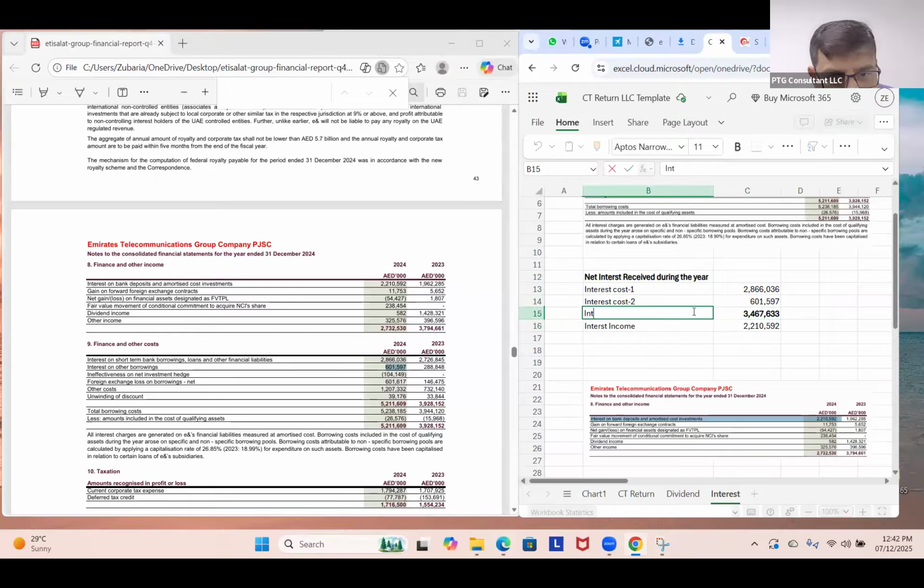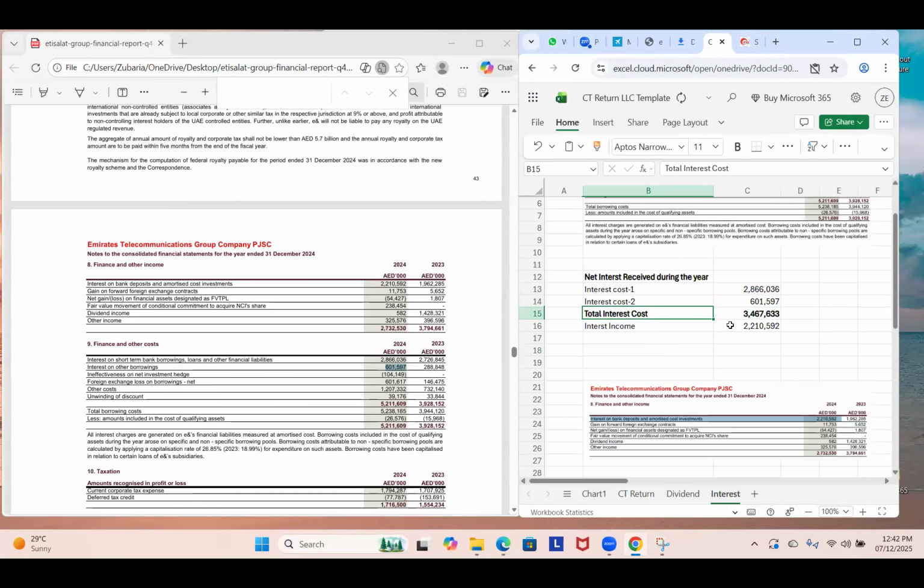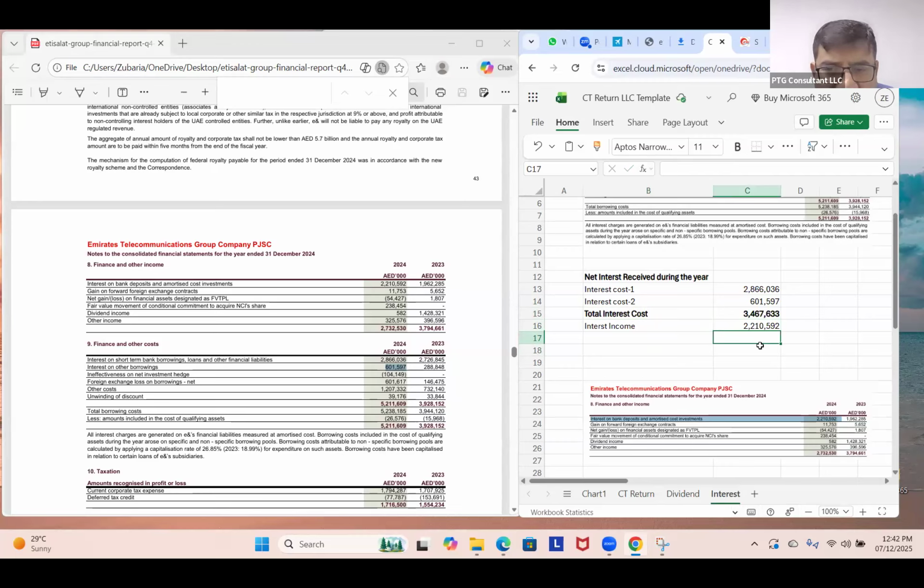Fine. Now income. With the cost, you can put the minus sign for understanding.